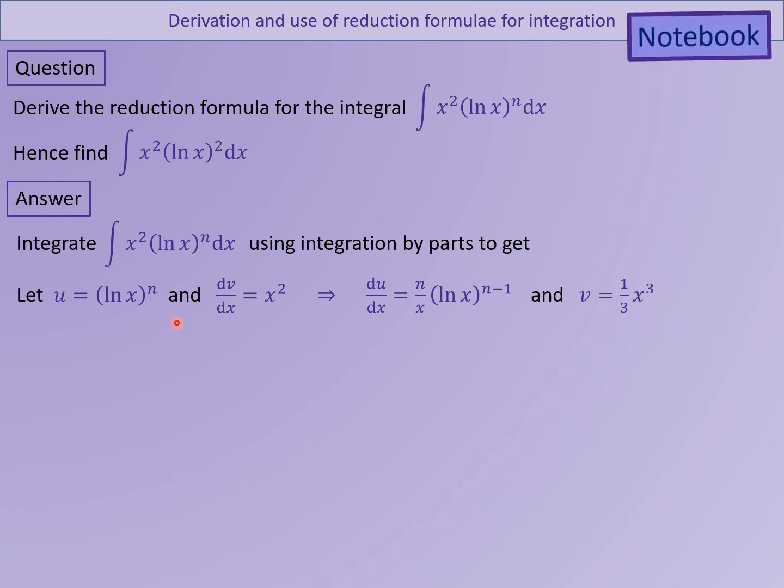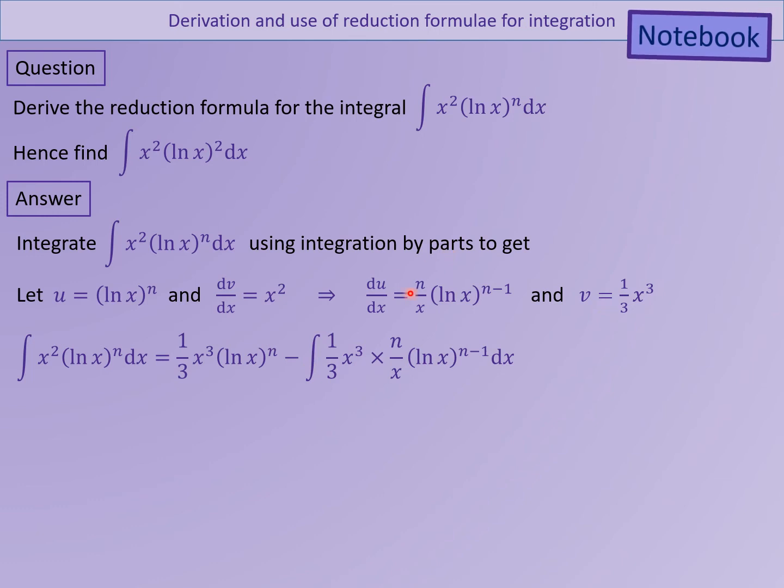Okay, so I've just done integration by parts, the same as you would do normally. Now what I can do is use the formula and I get down to this. So this bit's okay. This bit I think I can neaten up a little bit. So I've done this part times this part. I noticed the x cubed can cancel with that x and get an x squared. I could potentially pull out a third.